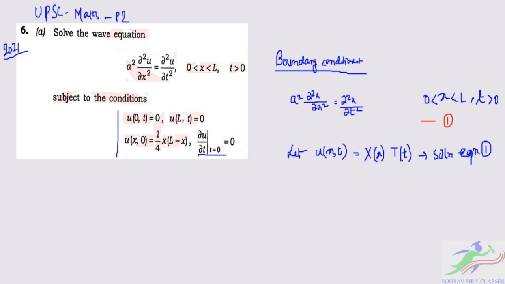Then if we take the derivative with respect to x and t, del u by del x is X prime of x T of t, and del u by del t is X of x T prime of t.